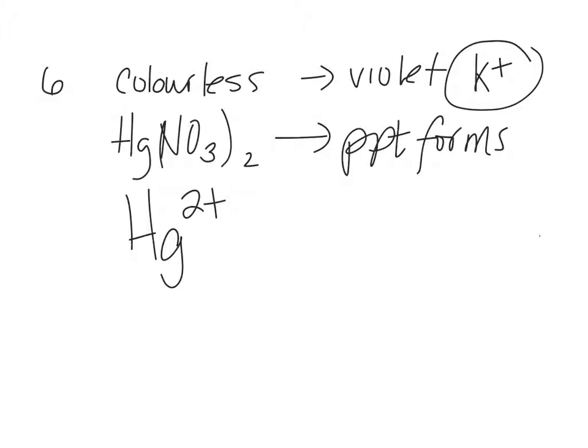So therefore, you can't just say, oh, I'm going to make a solution of potassium ions. There has to be a negative ion that went with the potassium. So there has to have been a negative ion with K+. So give me something that will precipitate out with mercury 2+.